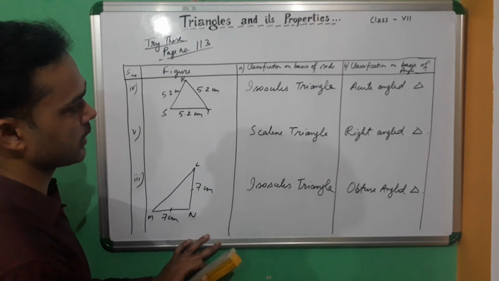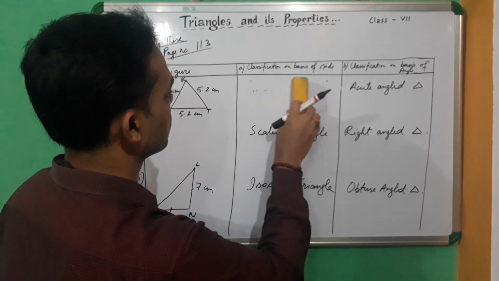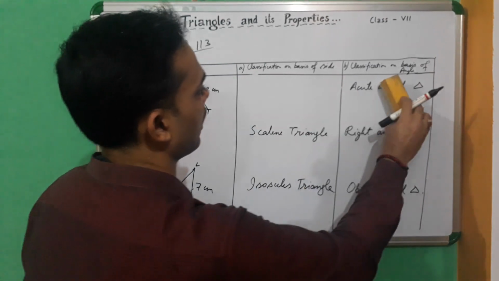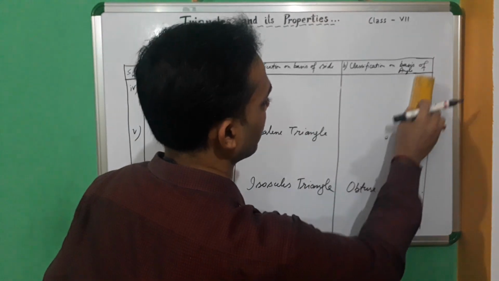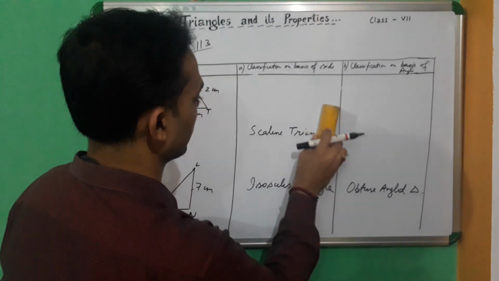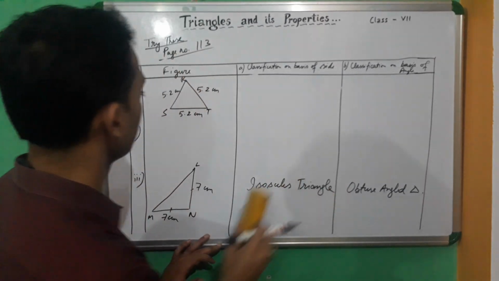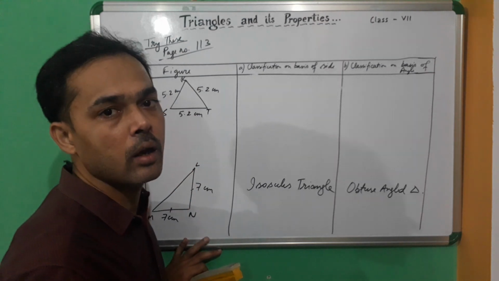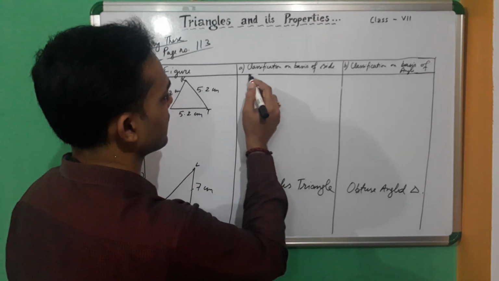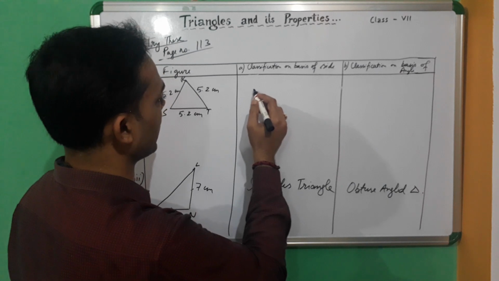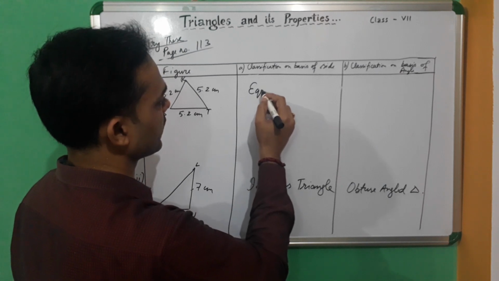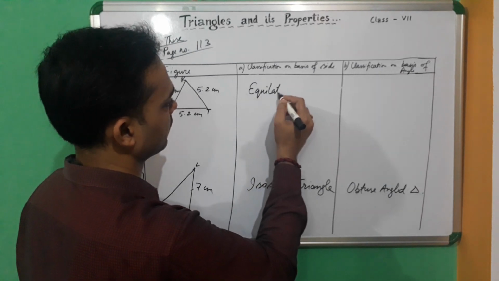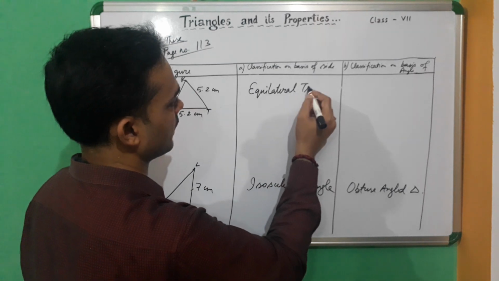Now when it is 5.2 centimeter, on the basis of side, what you are observing is that all the three sides are of same measurement. That is why on the basis of side it will be an equilateral triangle.